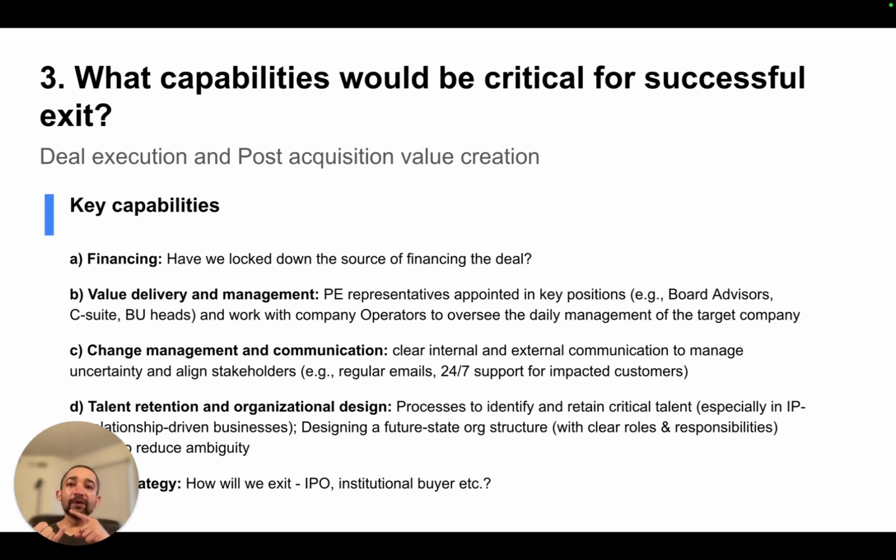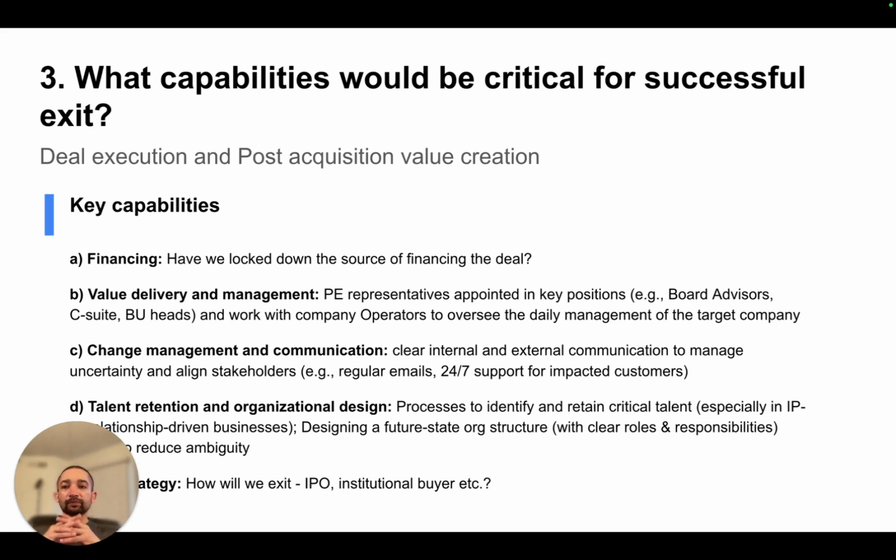Who are the limited partners or LPs as it's called in the private equity jargon? Who are the LPs who have already expressed an interest? Right? Is it going to be a structured LBO leveraged buyout kind of deal, or are we using different financing models? You don't have to get into all of these specifics, but the bottom line is, how are we going to finance the deal? Have we secured the funding that we need to fund this deal? Right.